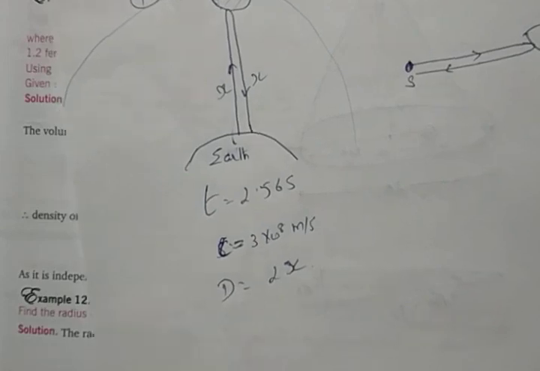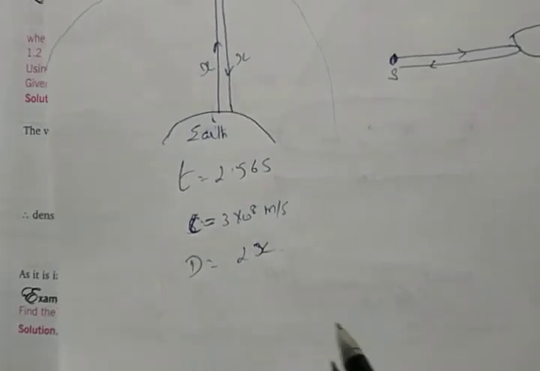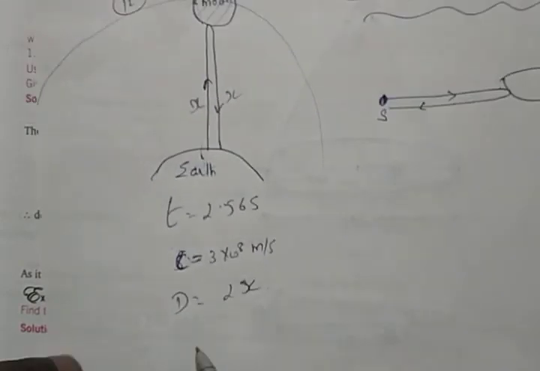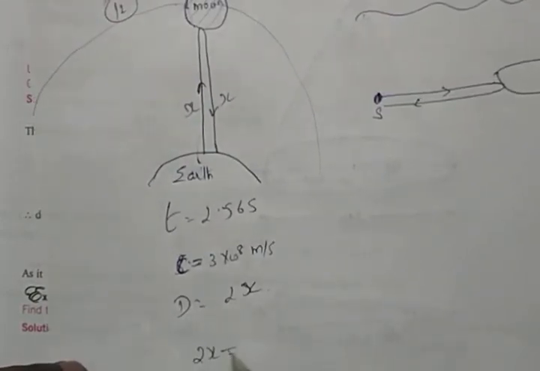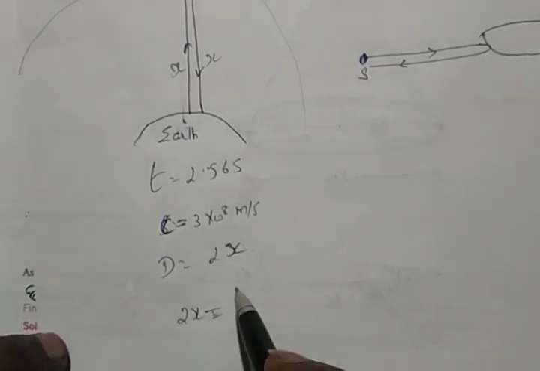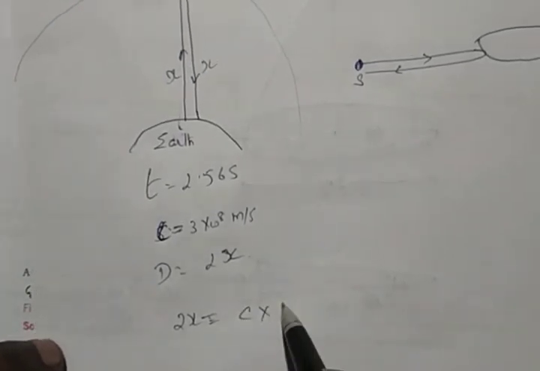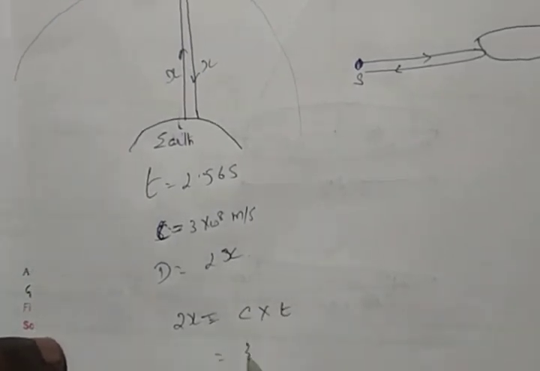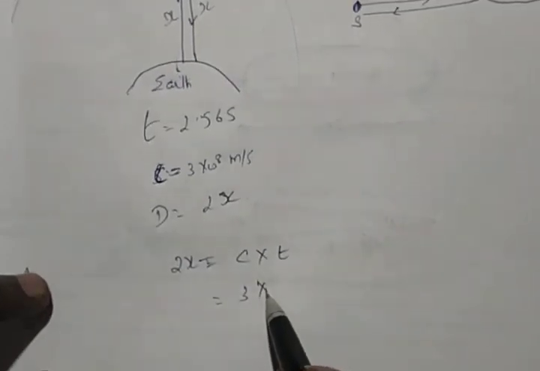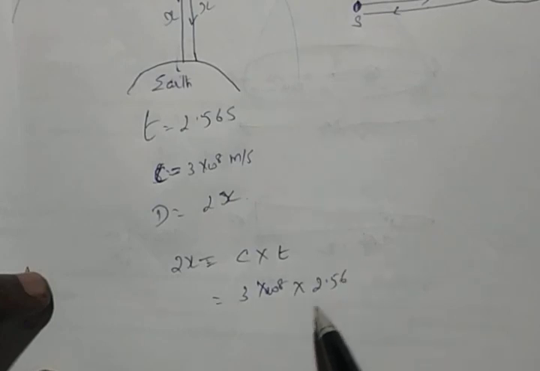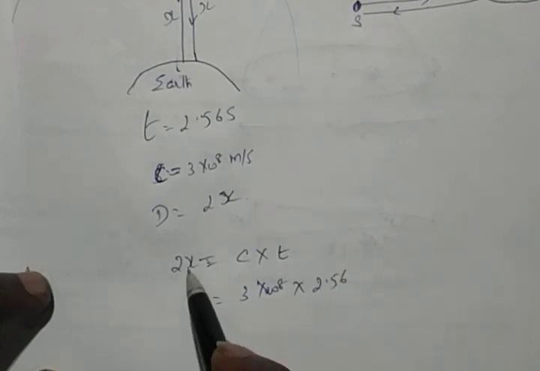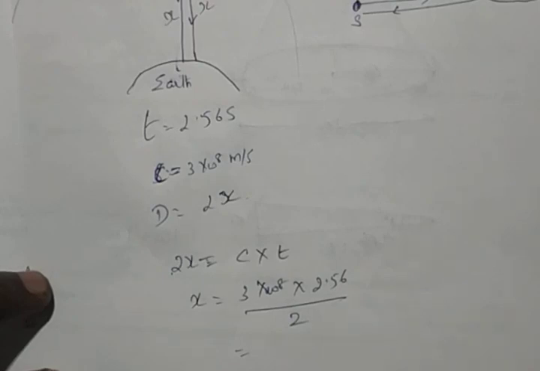Now what we need to calculate is the value of 2x. So distance is equal to the velocity c into t. So 3 into 10 to the power of 8 into 2.56. That's going to be 2x here, so 2 can be brought down, and that will be the distance you can calculate.